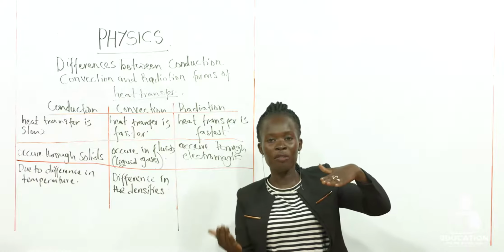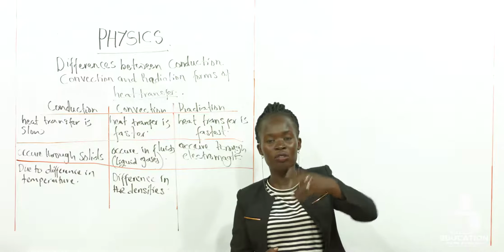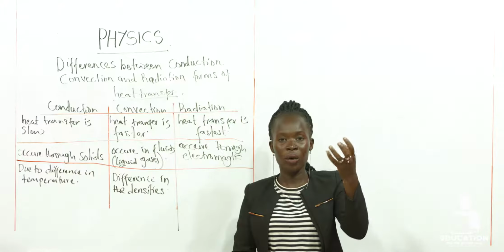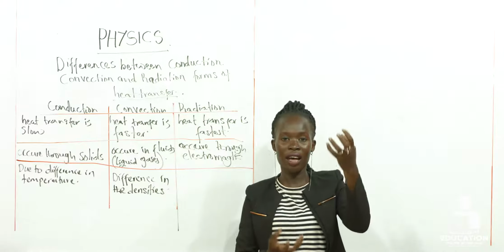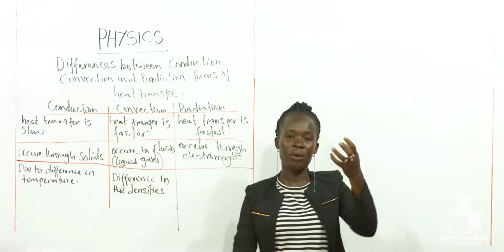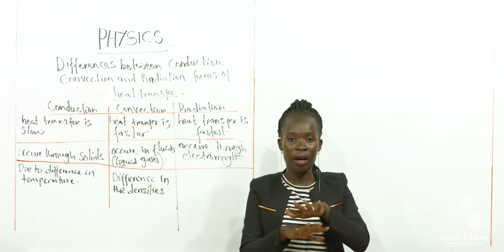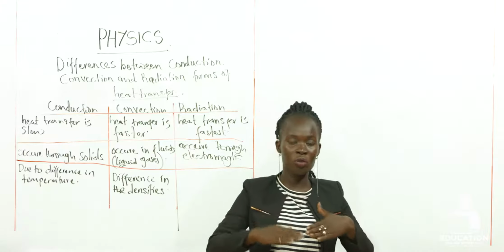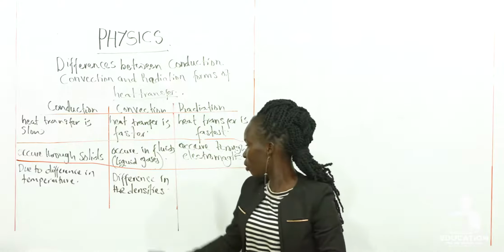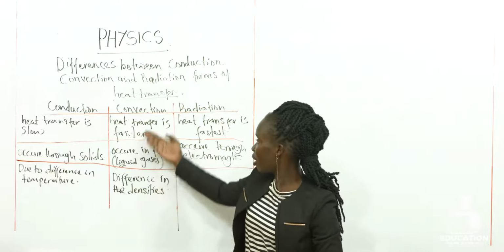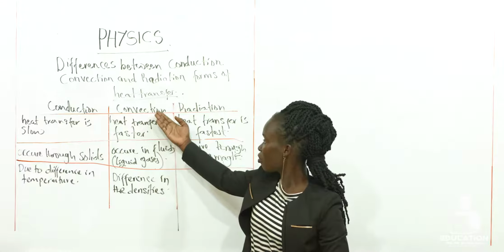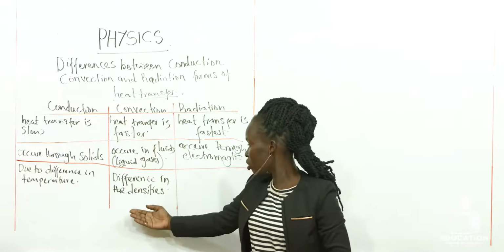So the molecules will have to move to the top of the pan. When they move, they are trying to bring down that temperature difference. That's why we are saying that for convection to occur, there should be a difference in the densities.